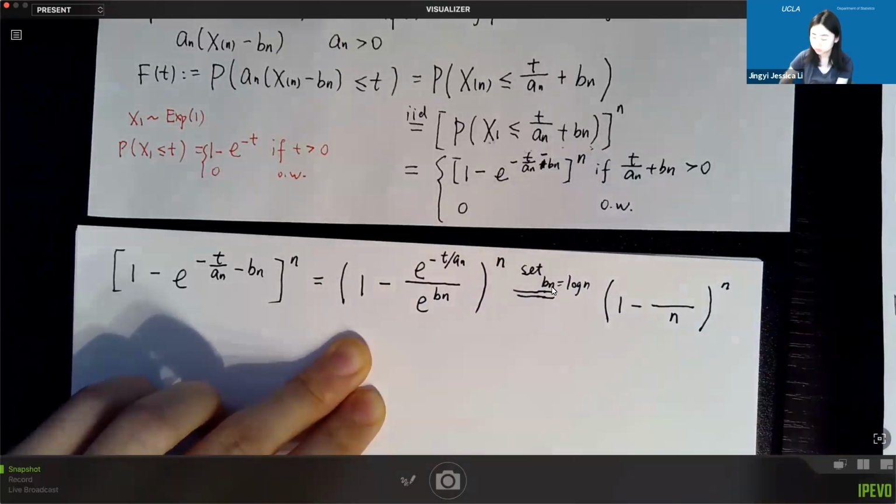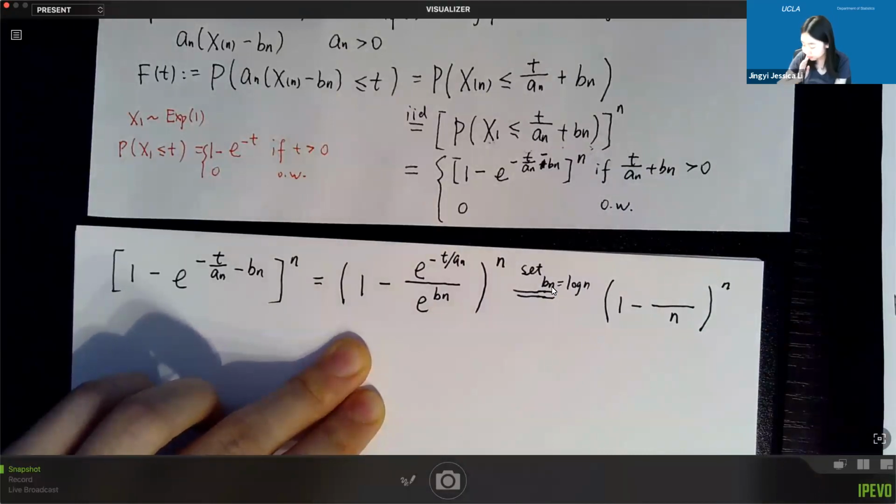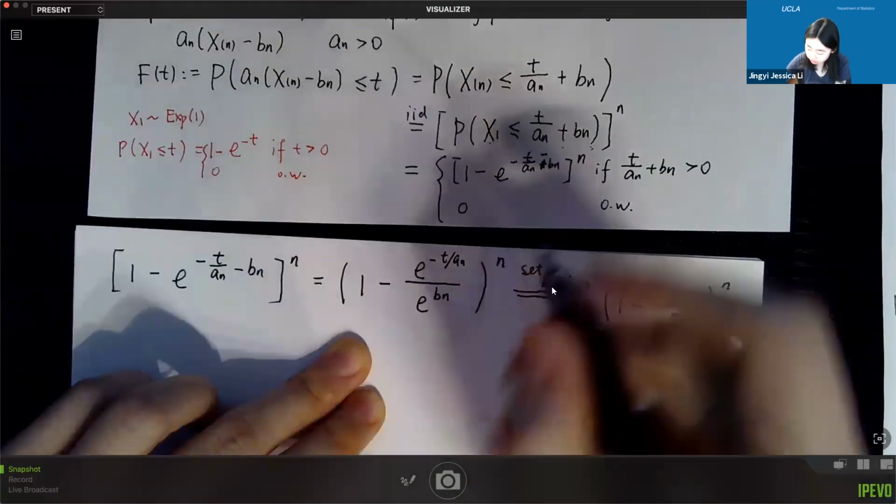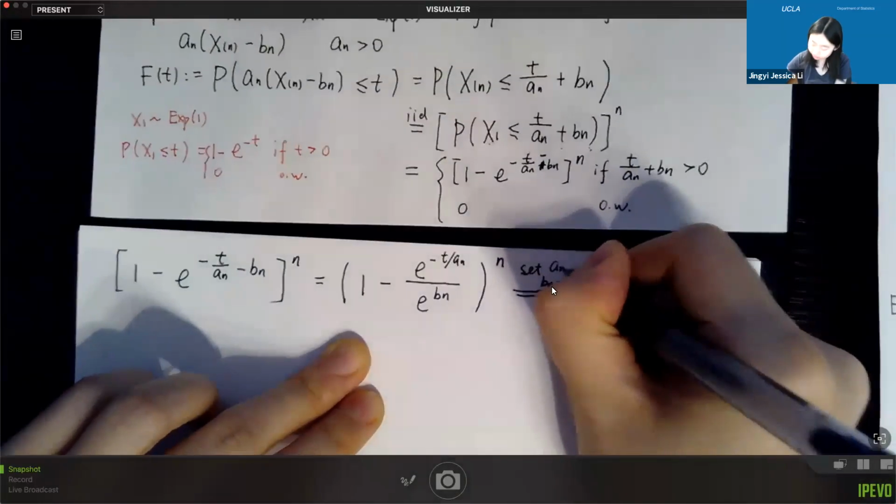And for the numerator, we want it to converge to some constant that does not depend on n. The simplest way to do it is we could just set a_n to 1.